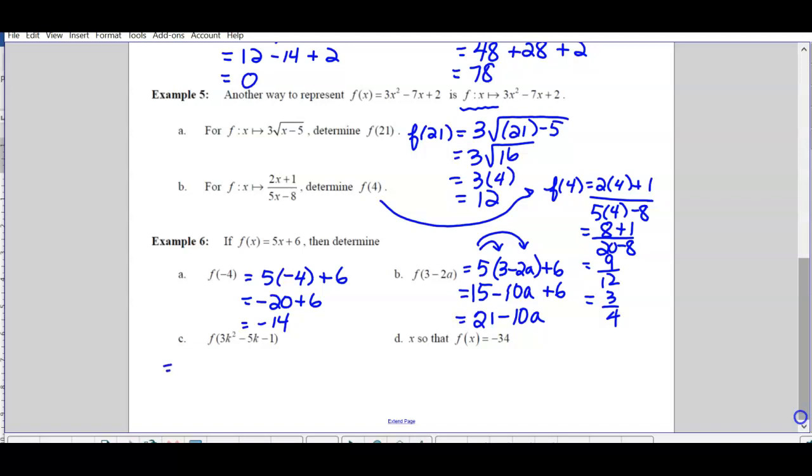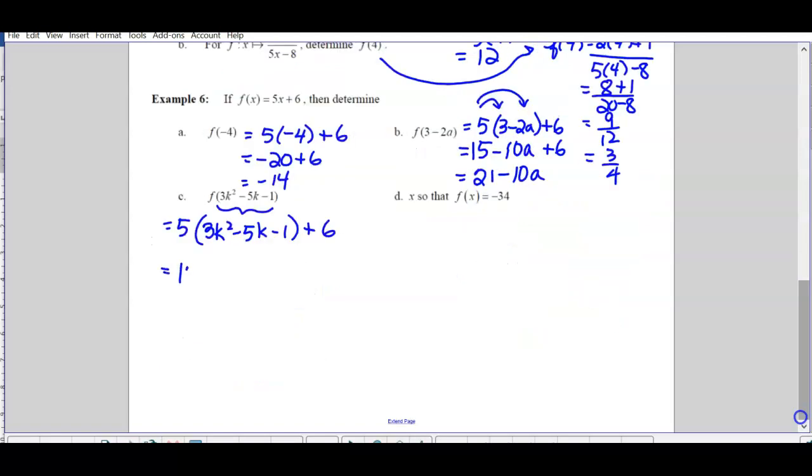Then this one here, again, is more complicated, but it just substitutes right in. So wherever there was an x, you put in the expression in the brackets. You expand that out using the distributive property, and collect like terms.